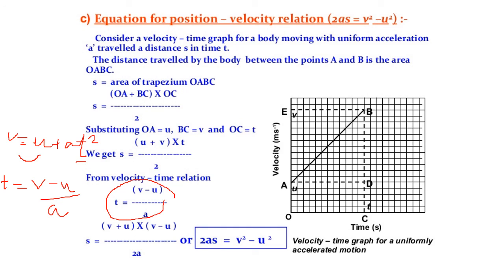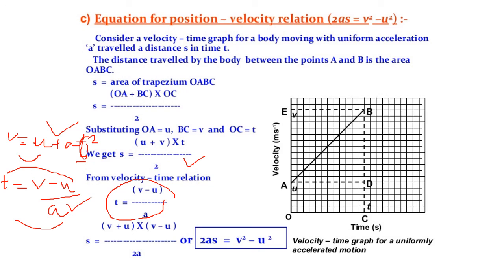So from the previous equation, that is V is equal to U plus AT, we have taken the value of T, and then we have this formula. Now we are going to substitute this value into the formula.